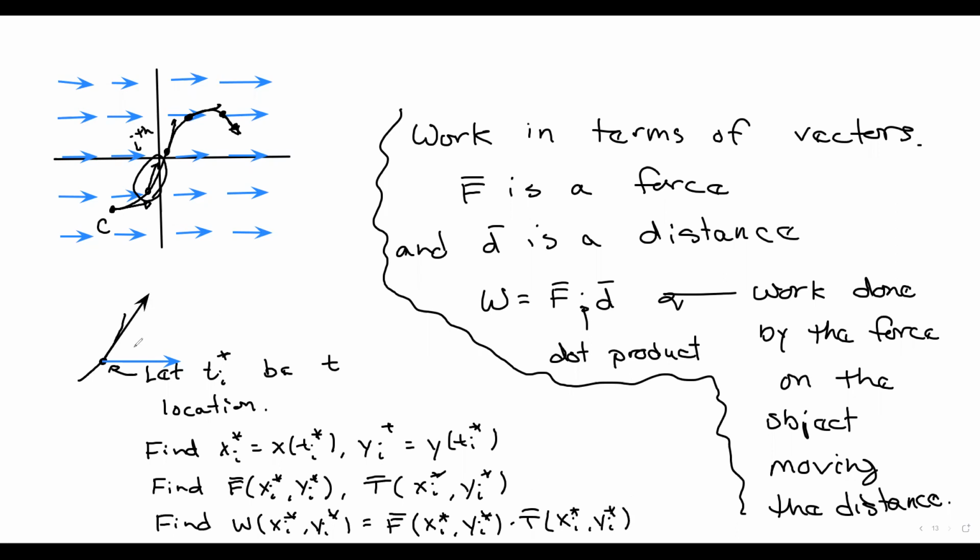All right, so that's going to be the work done for this little piece: the dot product of the force vector, that's our F, and our distance, how far we're moving, that's our d. So you've got those two pieces.